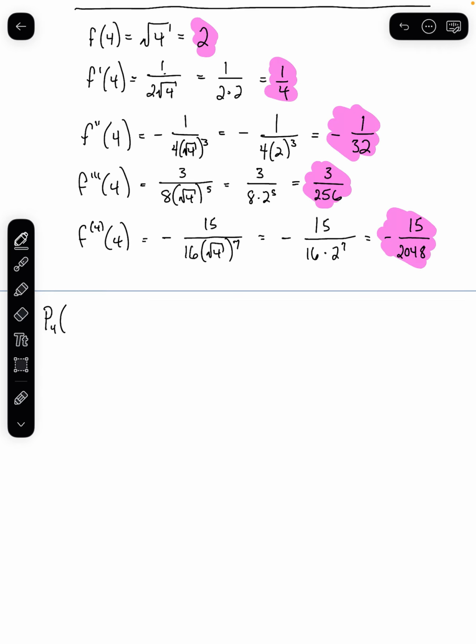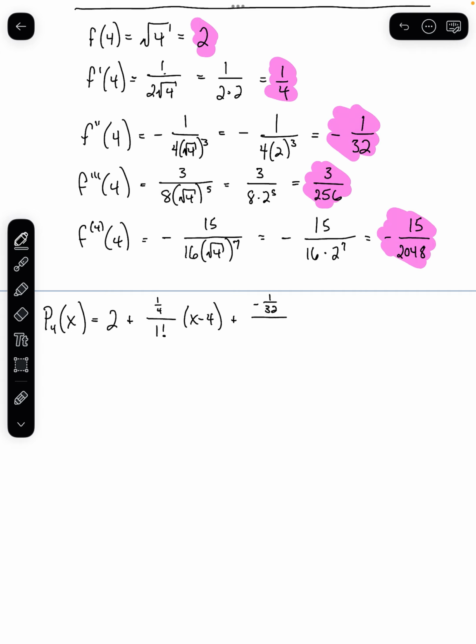So, p sub 4 of x is going to be equal to 2. That's f of 4. Plus f prime of 4 over 1 factorial times x minus 4.